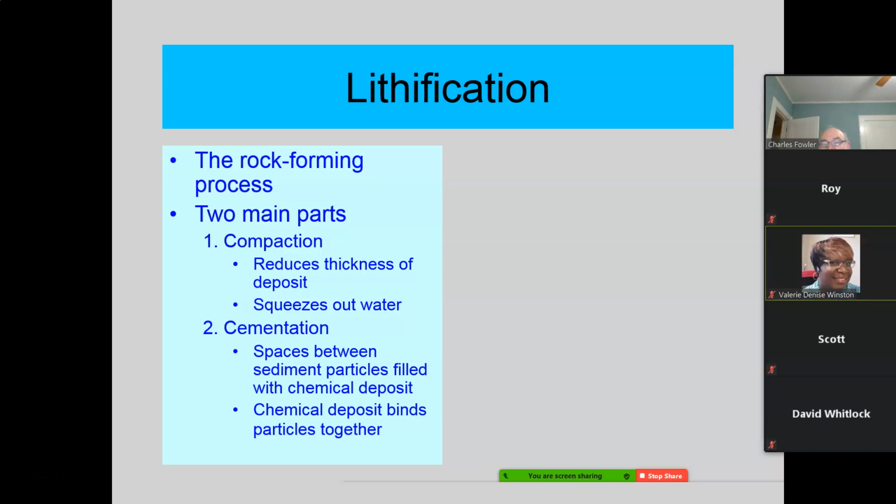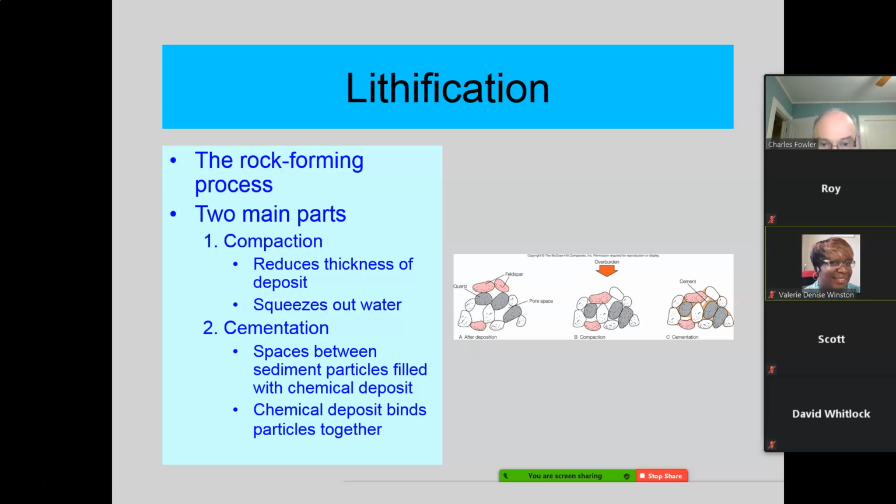Then they sawed it into slices and polished it up, and it made a really pretty floor. It looks sort of like marble, but it's obviously not marble. It's not nearly as expensive as marble, but it contains parts. That really describes what this compaction and cementation process is.